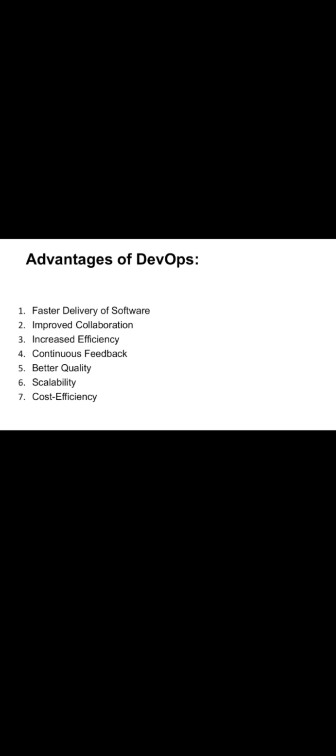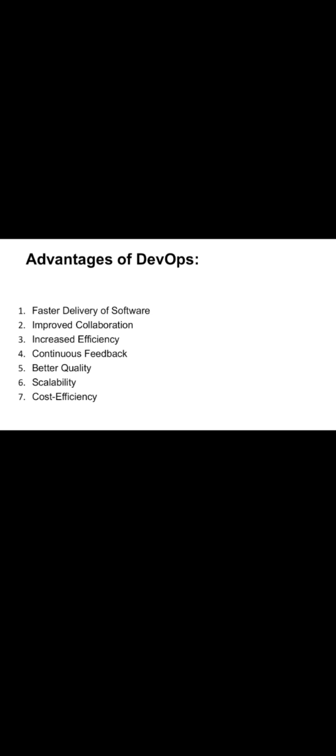Next, better quality. Continuous testing and integration help find issues early in the development process, resulting in higher software quality. Better quality is nothing but recognizing the errors at an early stage only. In the development phase only, it will recognize the errors and rectify them. Next, scalability.